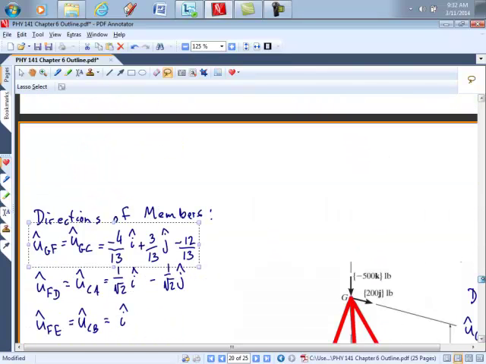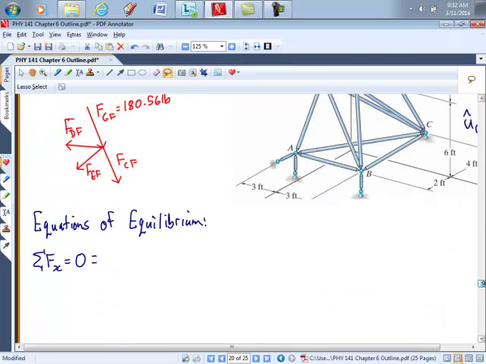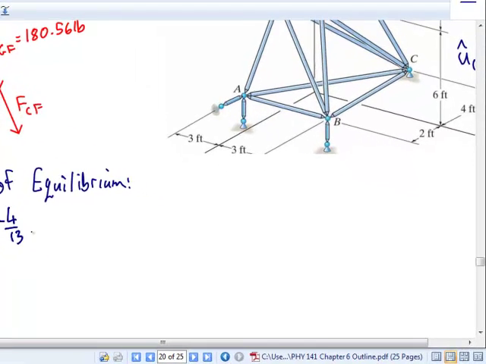So it's going to be negative 4 over 13 times the 180.56 minus 4 over 13 times FCF.